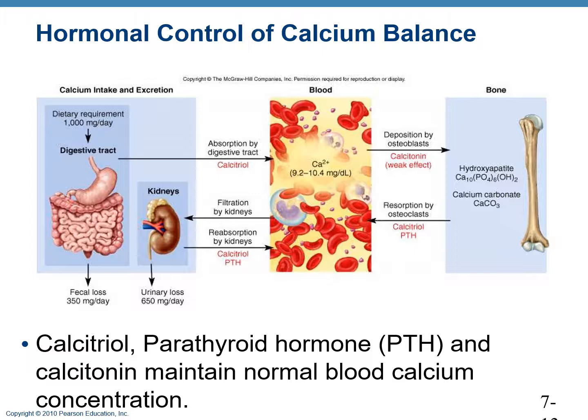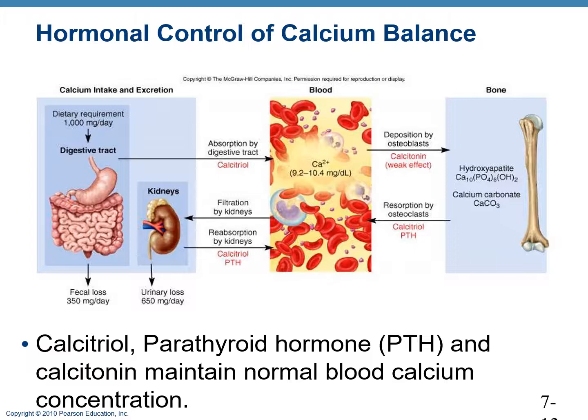It promotes the final step of calcitriol synthesis, and it inhibits collagen synthesis by osteoblasts. So it inhibits bone deposition. So both calcitriol and parathyroid hormone are going to increase blood calcium levels.